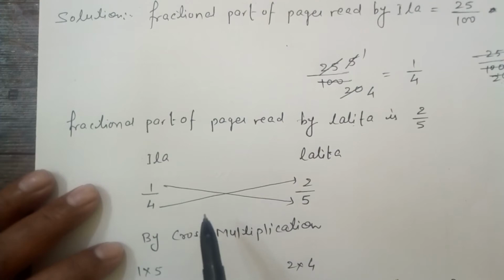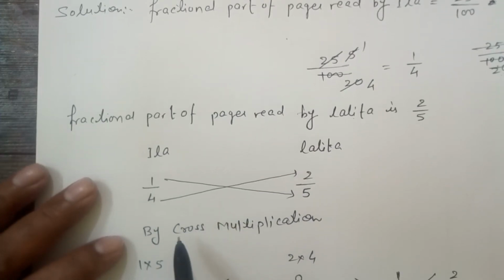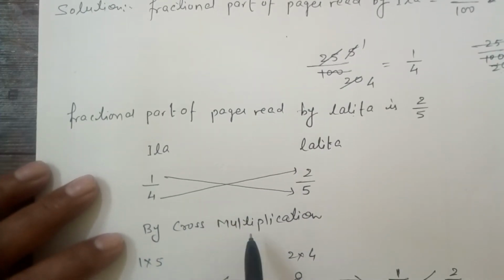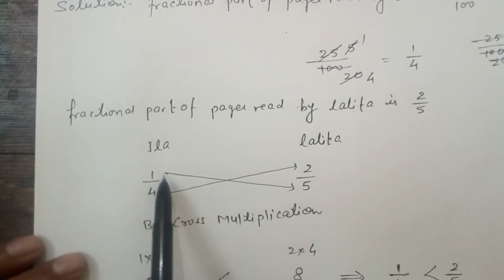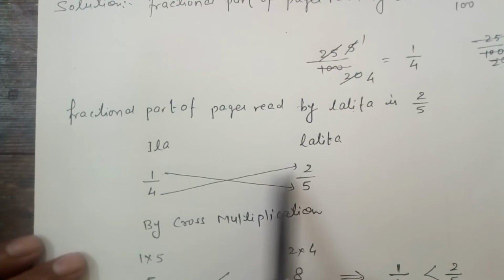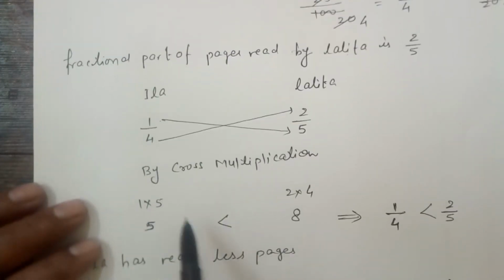Then what will we do? By cross multiplication, as you are looking, 1 multiplied by 5 and 2 multiplied by 4.